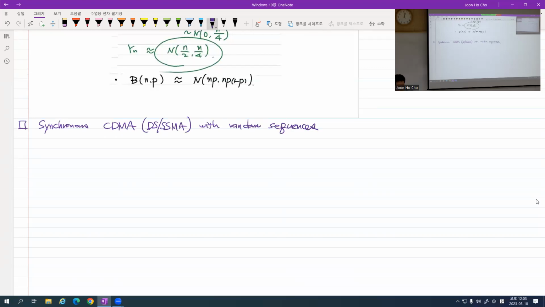So this is probably the first communications example. And this model is very simple. It's a vector signal model.